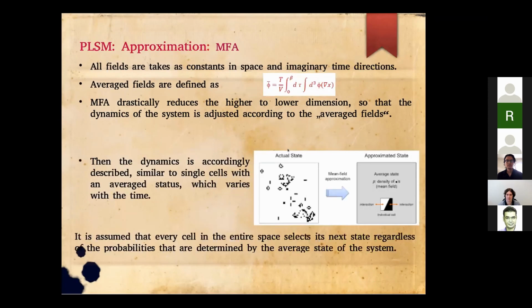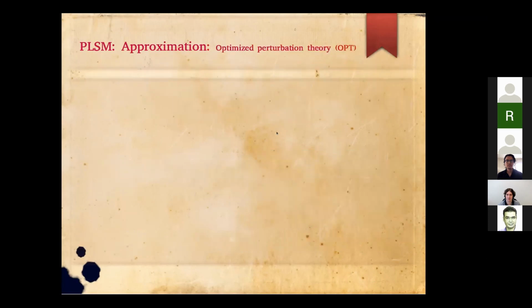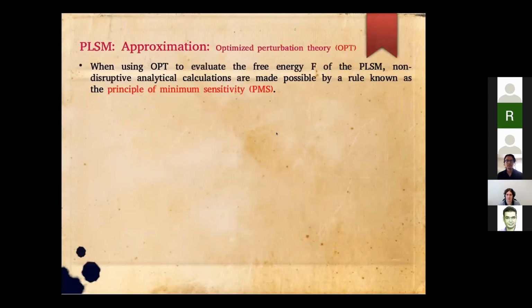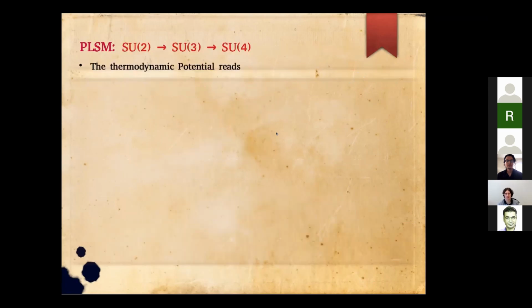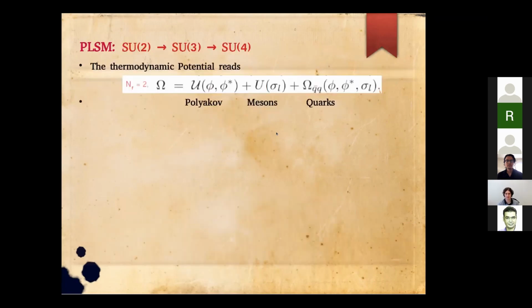I'm also going to skip the optimized perturbation theory; there is no time to do this right now. I'm just showing you the potential for two flavors. The potential reads something like this: one part from the Polyakov loop, one part from the mesons, and the third part from the quarks.